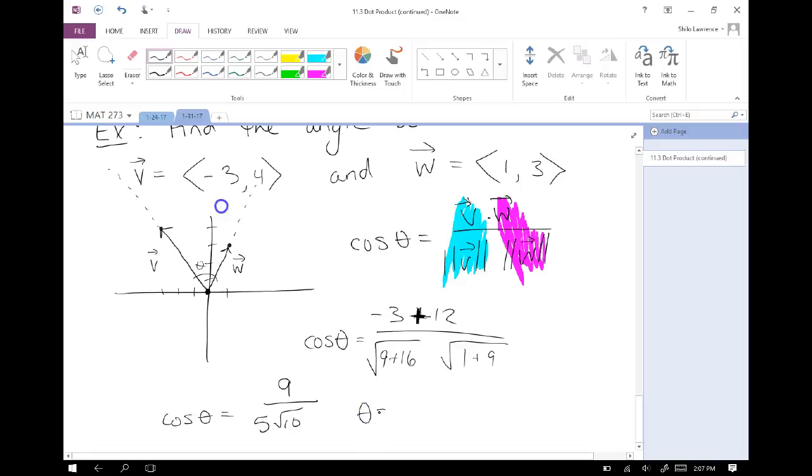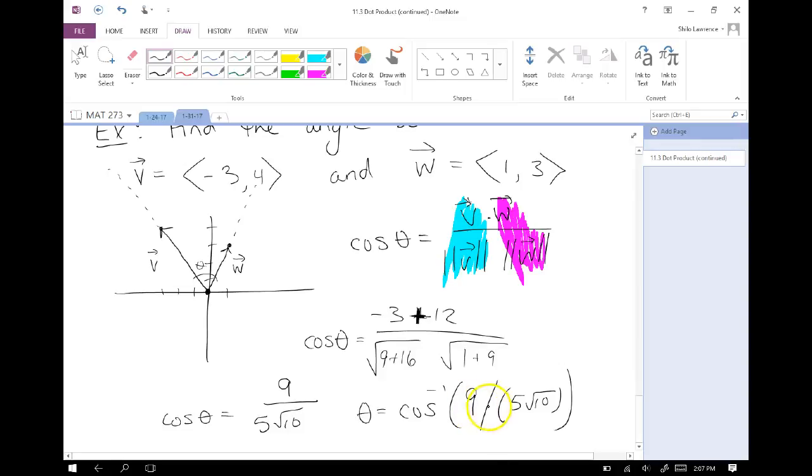Be really careful when you put this in your calculator, because we've got an operation in the denominator. So we've got to type this in as cosine inverse of 9 divided by parentheses 5 root 10. Our calculator, unless you use parentheses, is going to do things in order of operations.